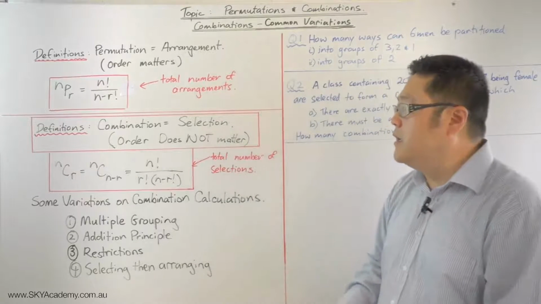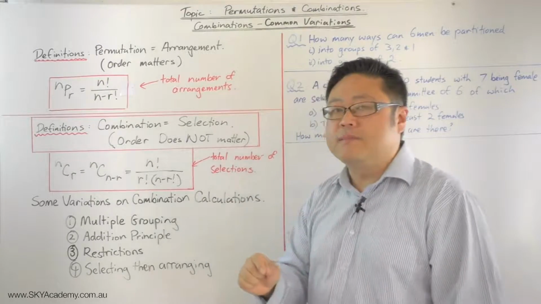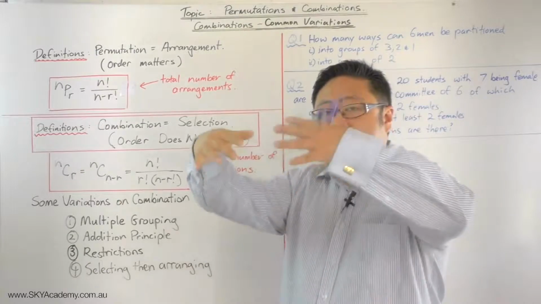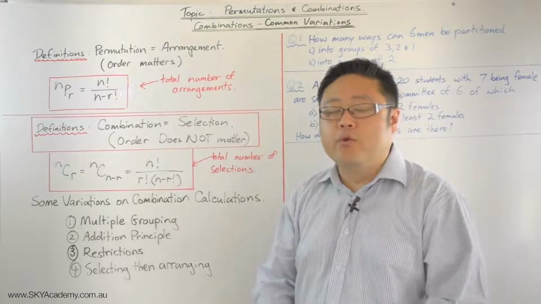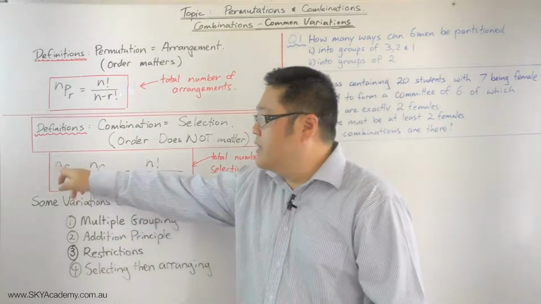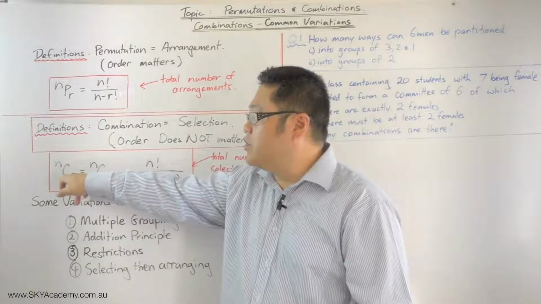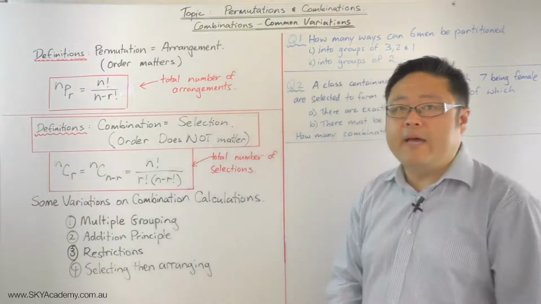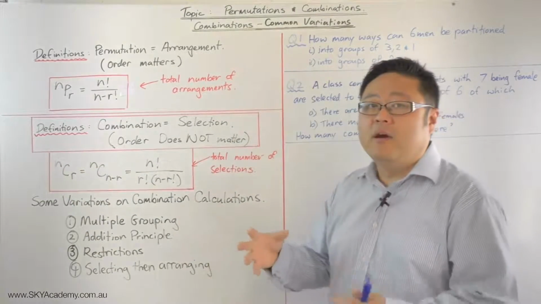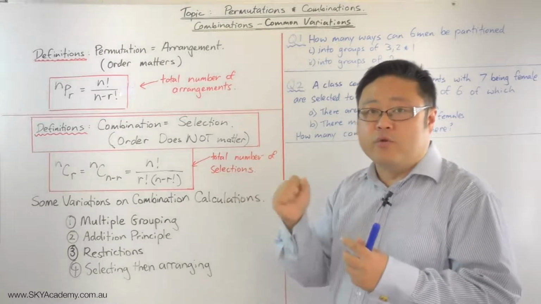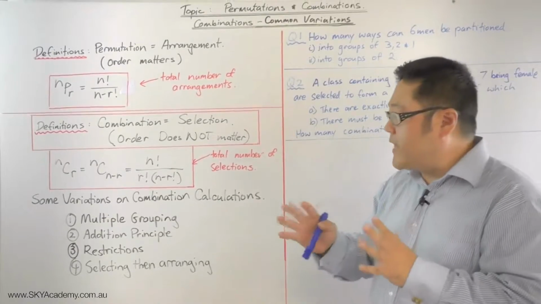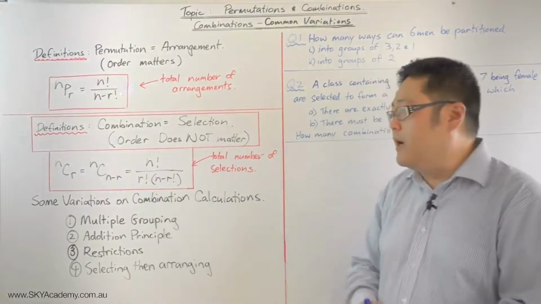If you are to choose, as an example, 7 objects out of a group of 10 objects, there will be 10 choose 7 ways of selecting different groups. That's how many groups there will be.